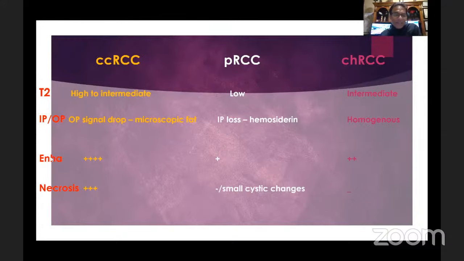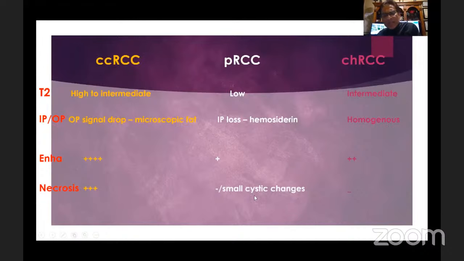As far as enhancement is concerned, clear cell type shows avid enhancement, which is similar to the cortex, whereas papillary shows minimal enhancement and chromophobe shows mild to moderate enhancement. Clear cell carcinomas tend to have necrosis within them.